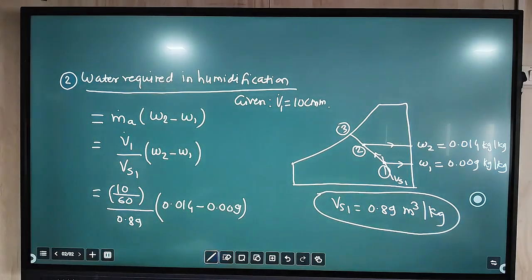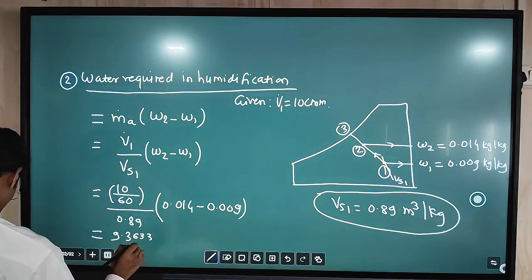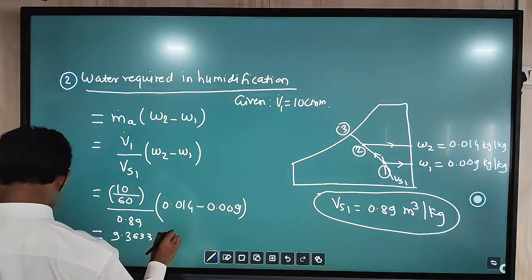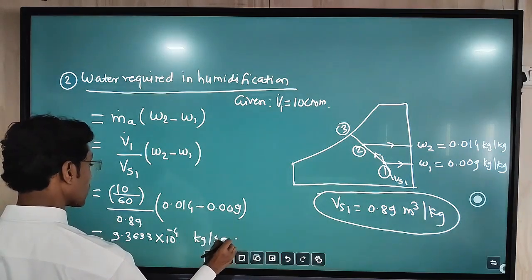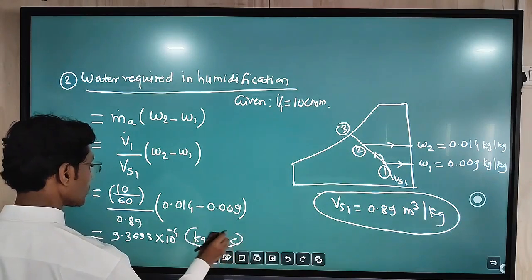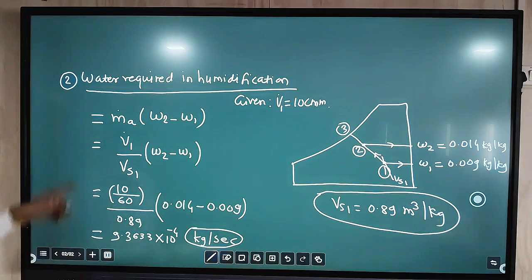So thus, if you do this calculation, then we will find that this humidification which is carried out is coming 9.3633 into 10 raised to minus 4. Now unit of this will be kg per second, because here we are using this mass flow rate in kg per second, but we are asked this in kg per hour.